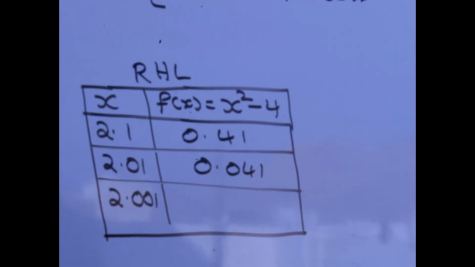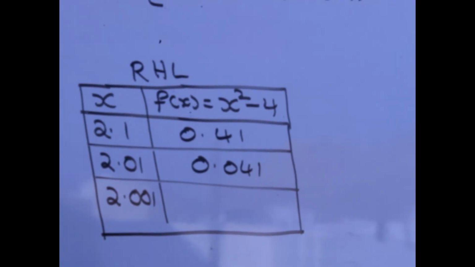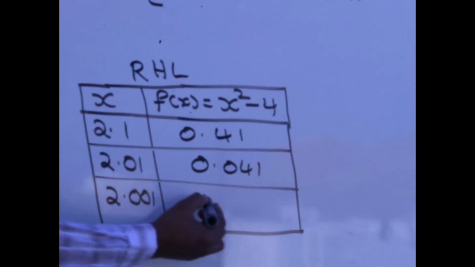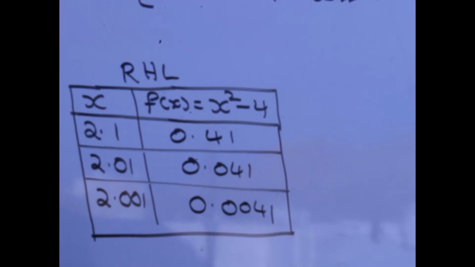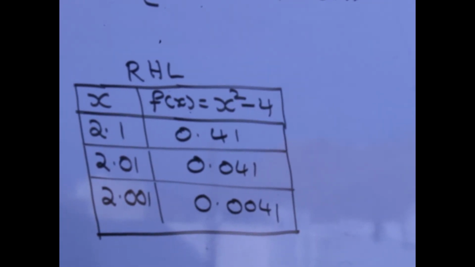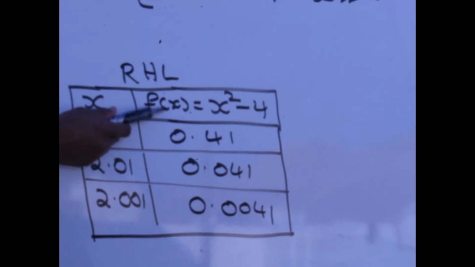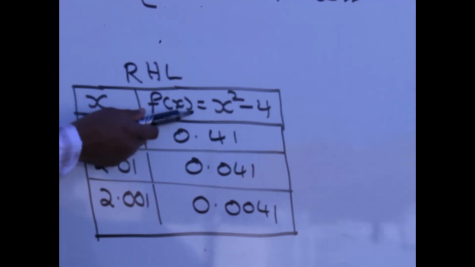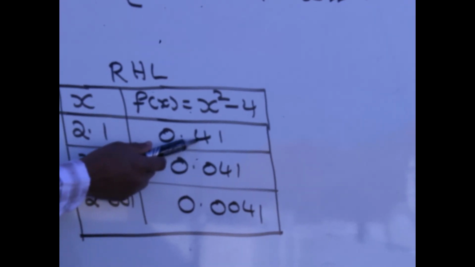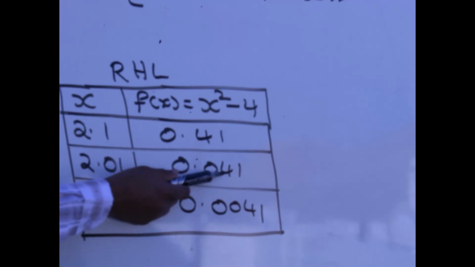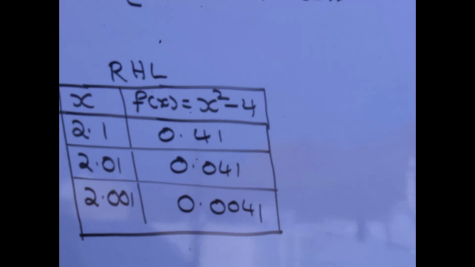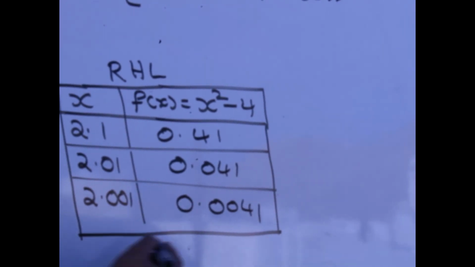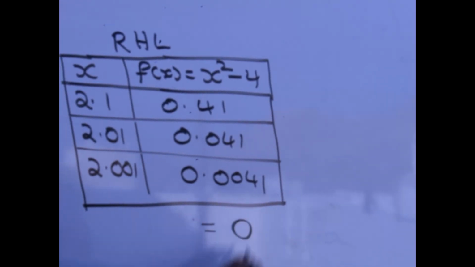Again, if you consider the value 2.001, you will get from the function 0.0041. So if you look at the RHL table, the functional value column gives approximately 0.41, 0.041 and 0.0041, which is approximately equal to the number 0.